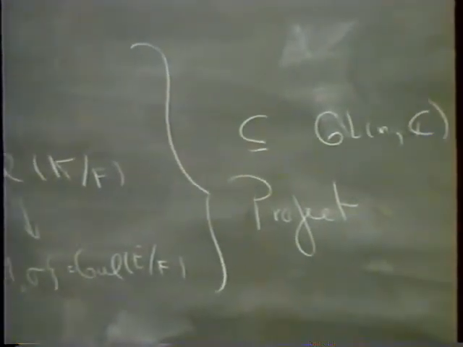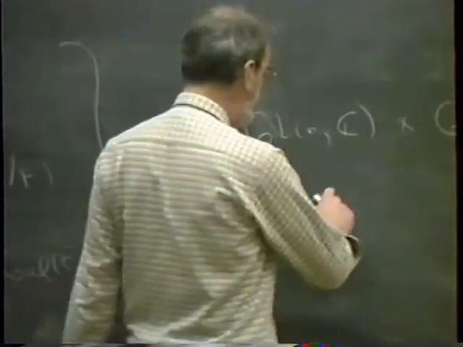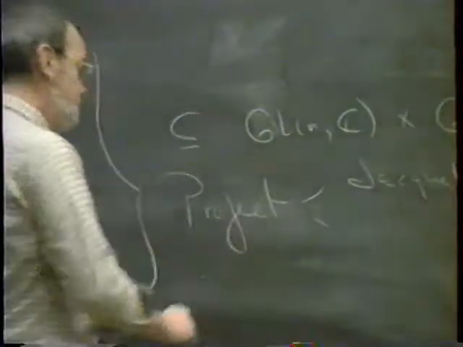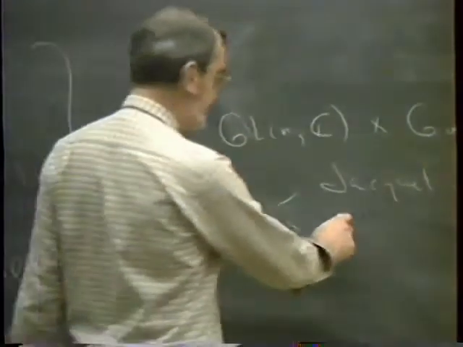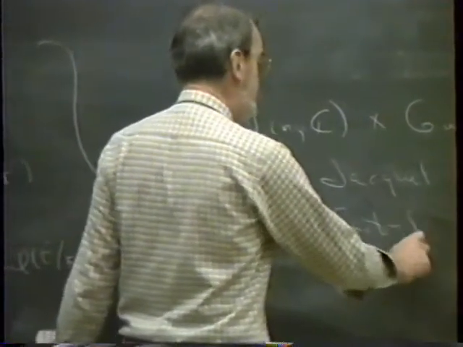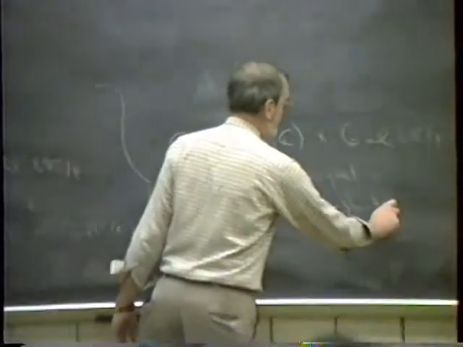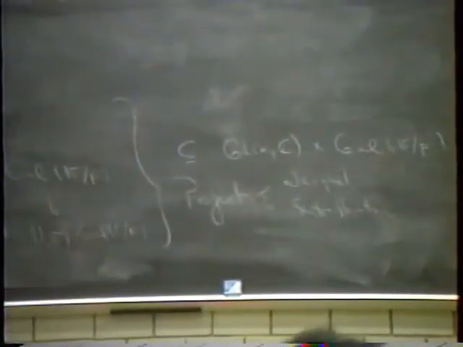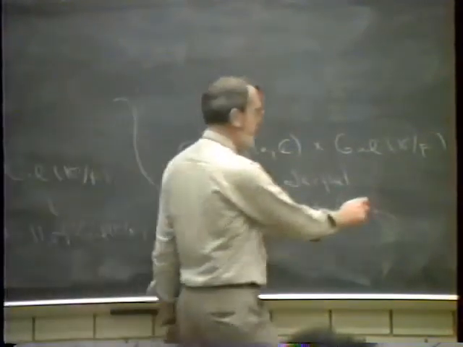The original idea was, to some extent, due to Jacquet, although related to ideas of Saito and Shintani for base change. And this project, I think it's fair to say, is being systematically pursued.